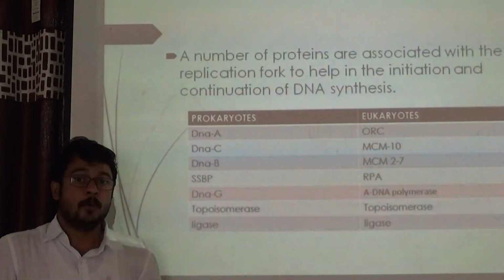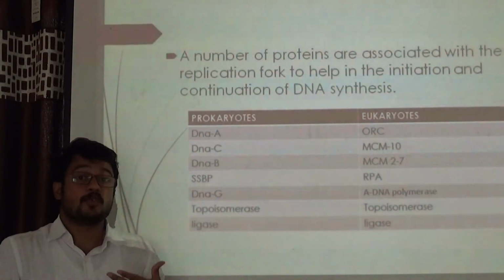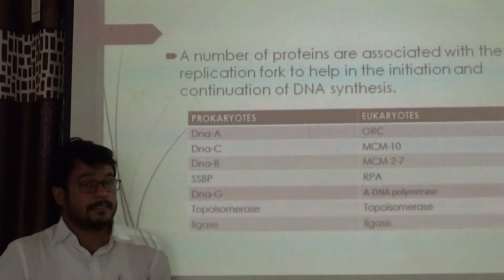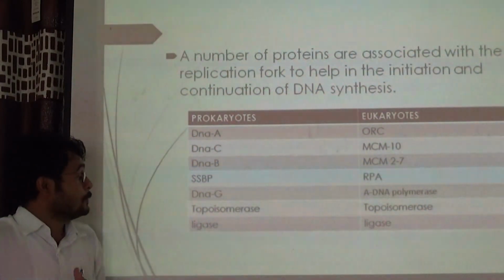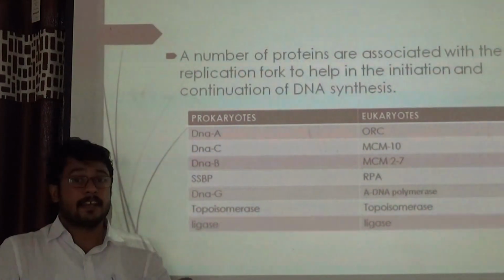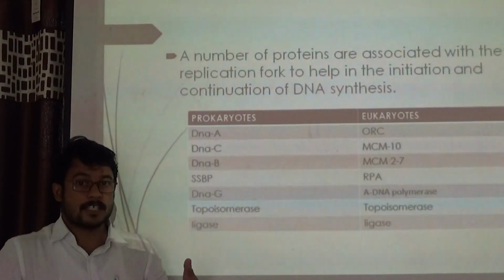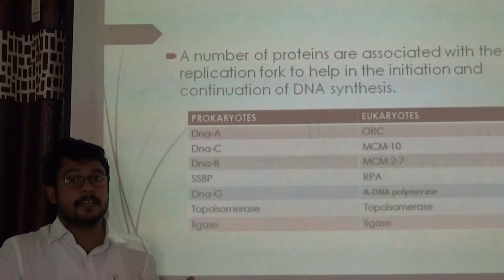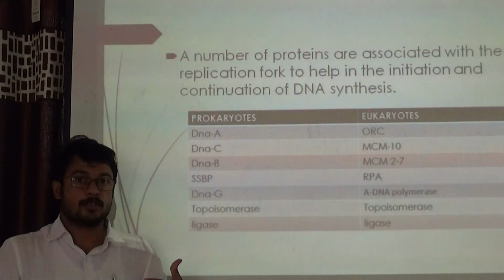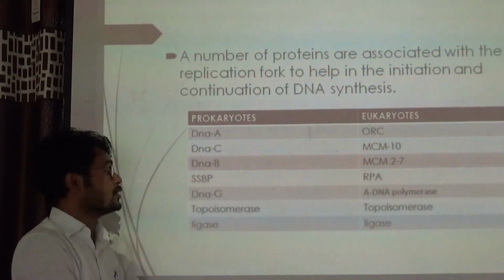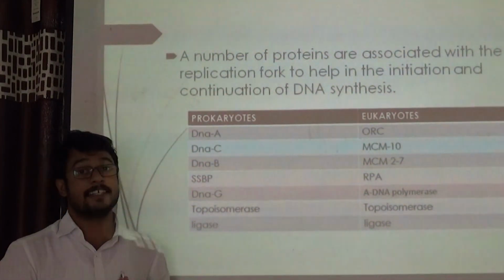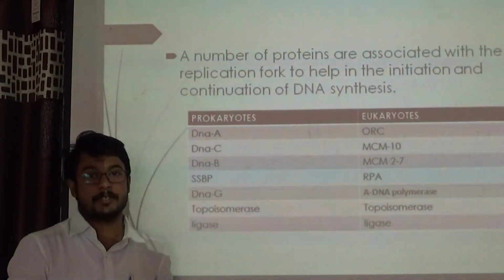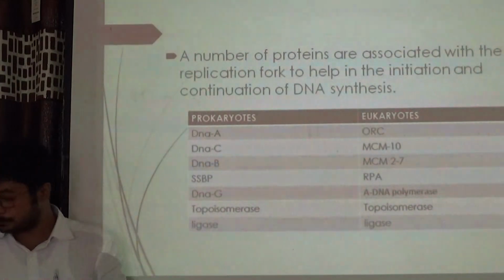We all know DNA is in the negatively supercoiled form, then it can replicate. Then again, there are ligases. Ligases help in the sealing process. When DNA replication is completed, ligases help in sealing. Topoisomerase also helps in the decatenation process, which helps in replication of DNA.